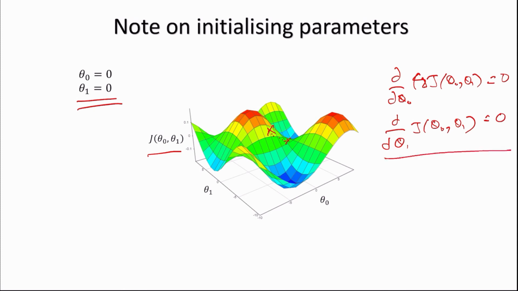So at this point our algorithm converges and would stop, but as we can see by looking at our graph, this isn't actually the minimum point. The minimum point can be found here, which would be a much more optimal solution for θ1 and θ0.